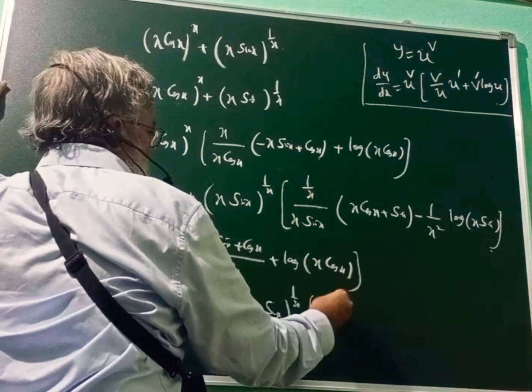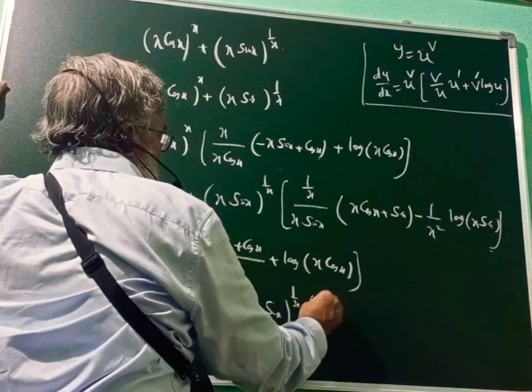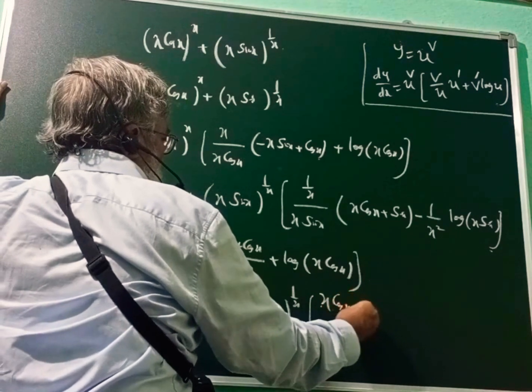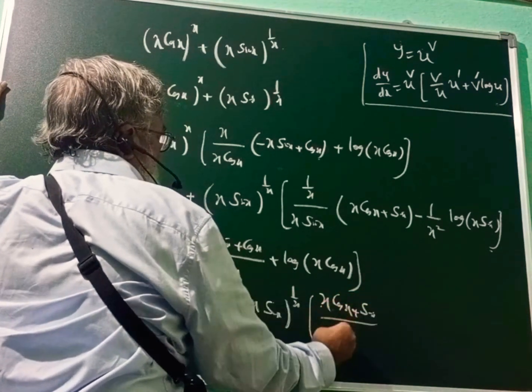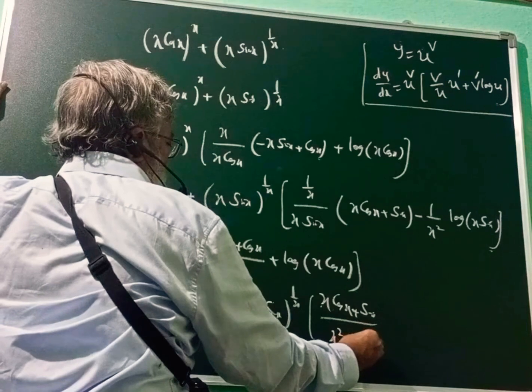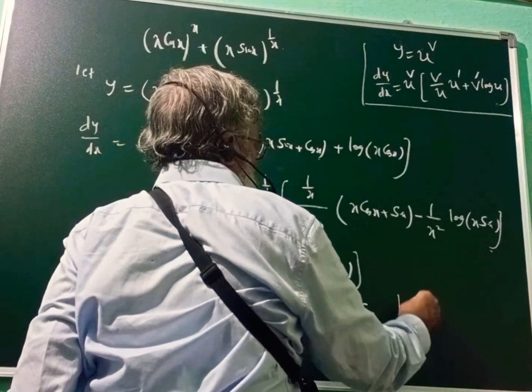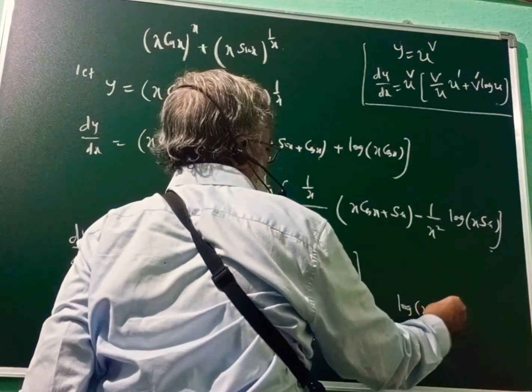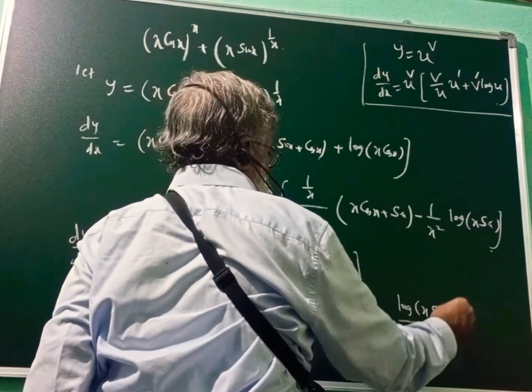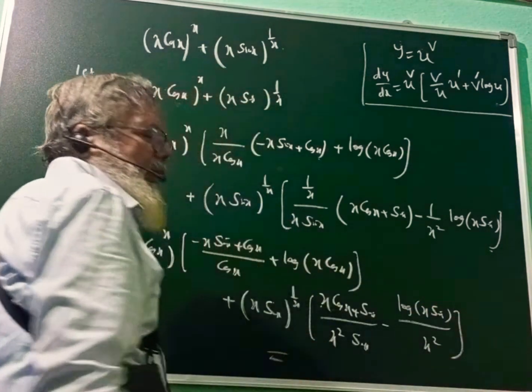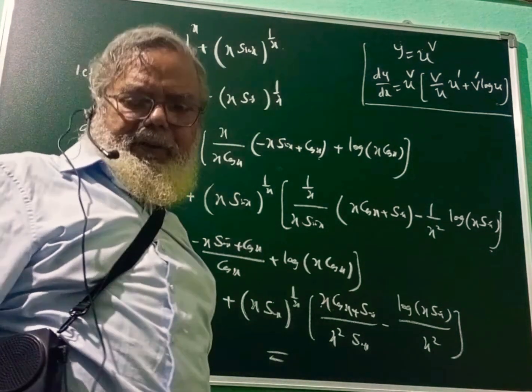This x comes down and it will be (x cos x plus sin x) divided by x² sin x minus log of x sin x divided by x². That is the value of dy by dx for this.